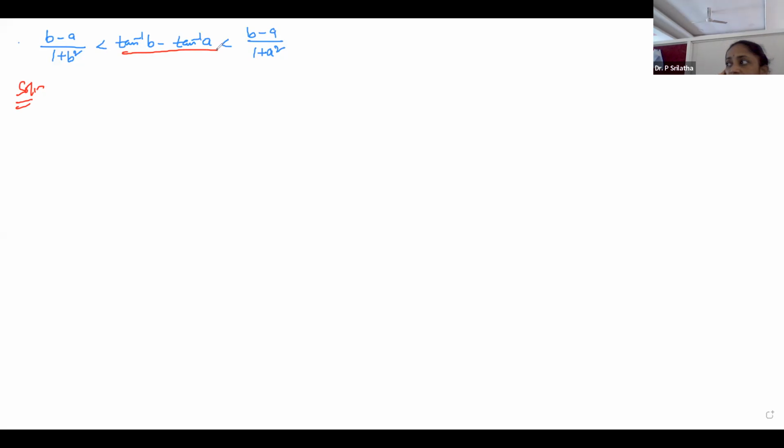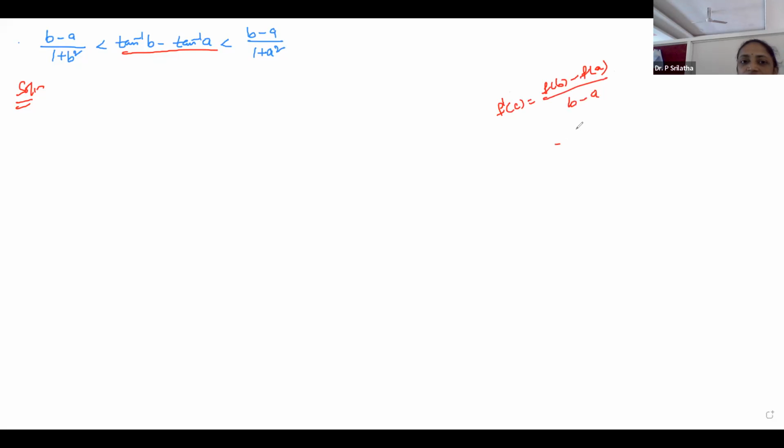What is f of x here? What is f of x? Yes, tan inverse b minus tan inverse c. So what is the formula? F dash of c equal to f of b minus f of a divided by b minus a.